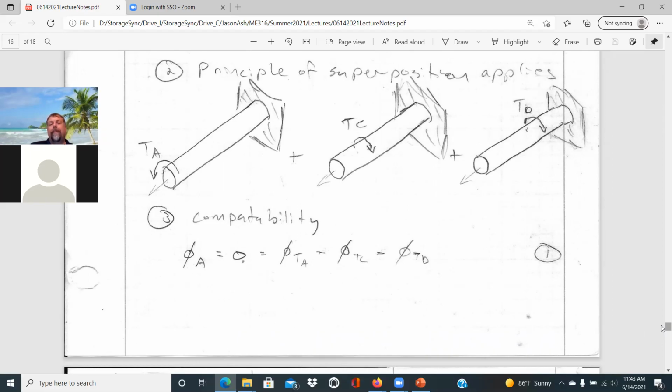There are some problems that you'll run into where instead of saying that the boundary is completely fixed, they'll say that it's restrained. And with that, they then allow a certain amount of rotation, say like 0.005 radians, before it comes to a stop.